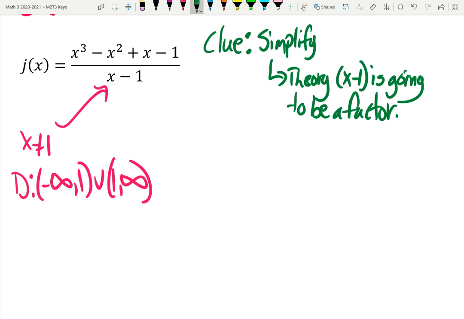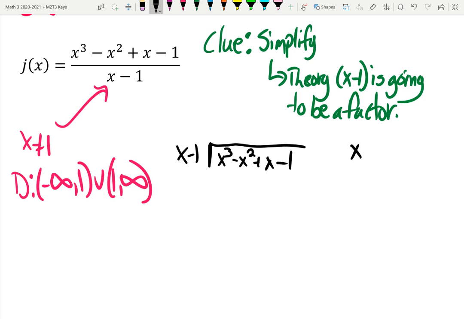So I'm going to actually divide the numerator by x minus 1. I can use long division or synthetic division. I'm going to do both here. X minus 1 divided by x to the third minus x squared plus x minus 1.